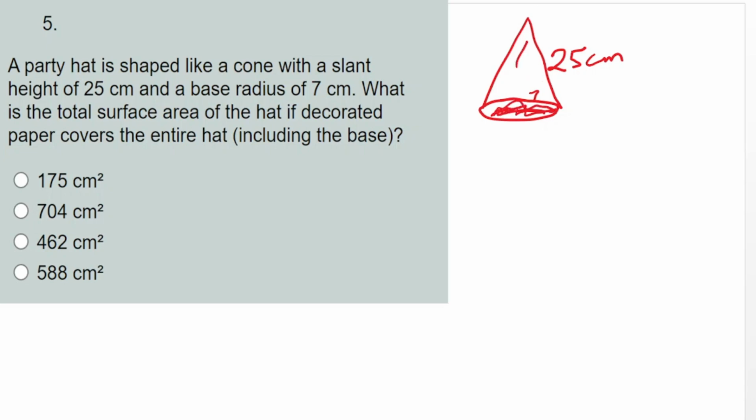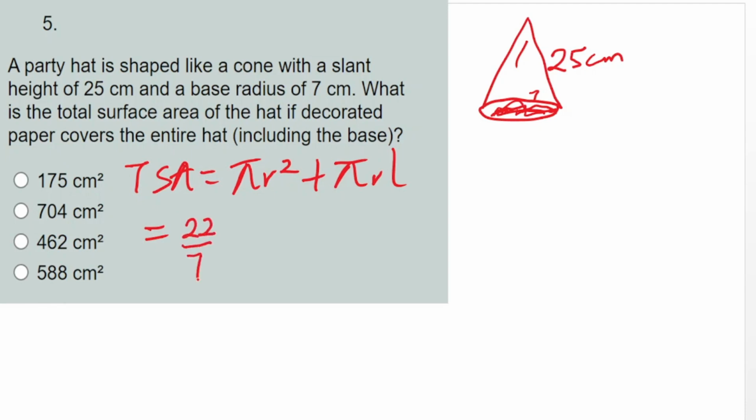So everything is covered. That means the total surface area of a cone, which is pi r squared plus pi rl. We can see the answer is not given in pi, so you write it out as 22 over 7 multiplied by the radius 7 squared, or 7 times 7, plus 22 over 7 times 7, then the slant height is 25.